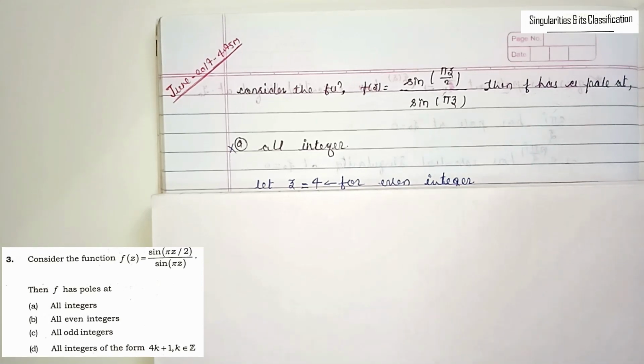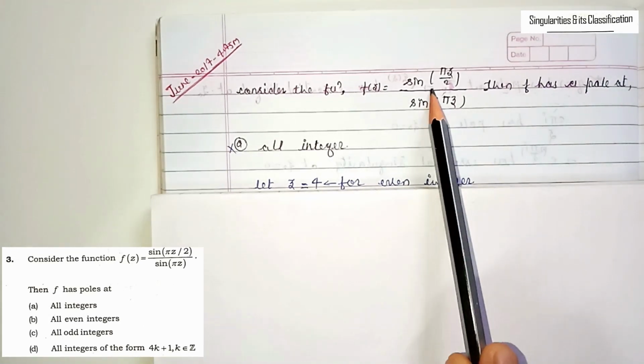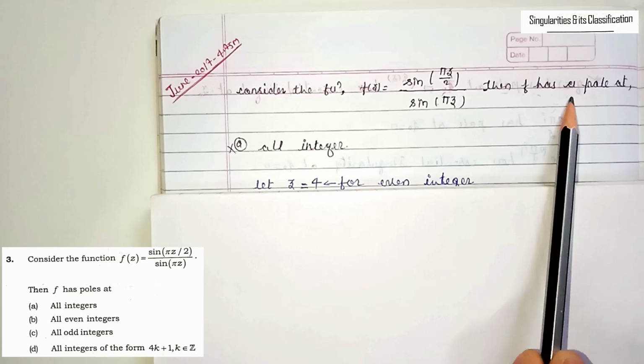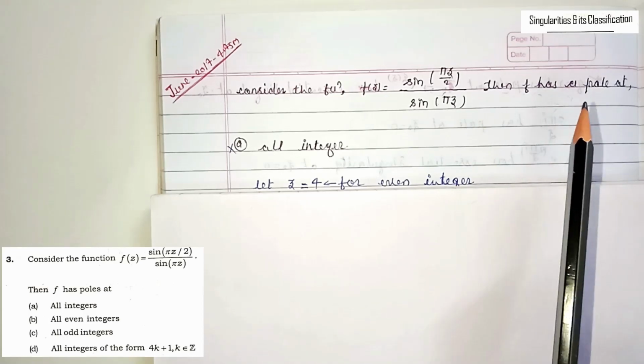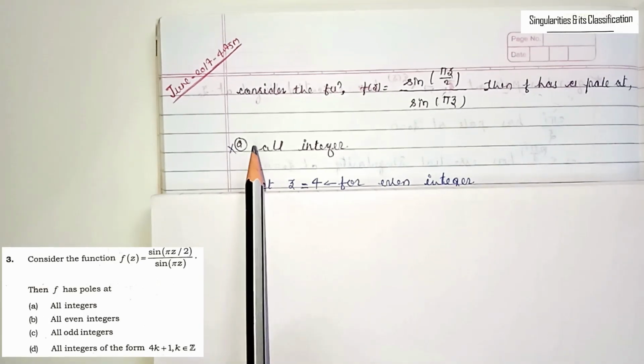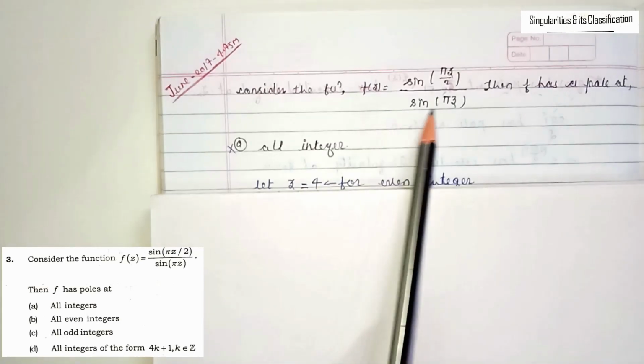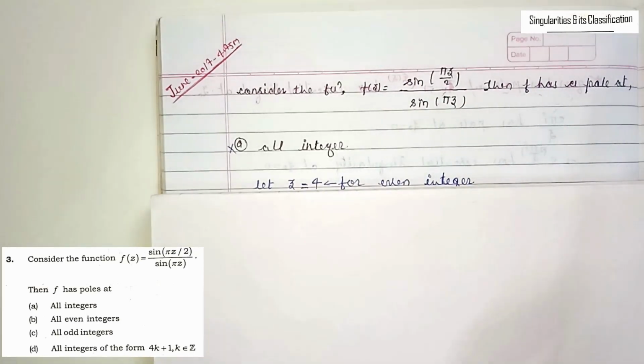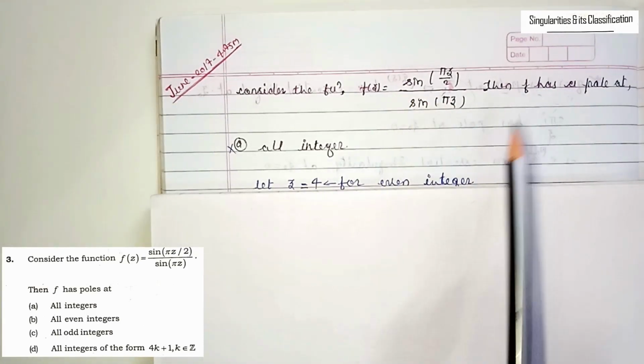Now first of all we have to check whether our function has a pole or not. In our first option we are given that for all integers, f(z) gives us a pole.